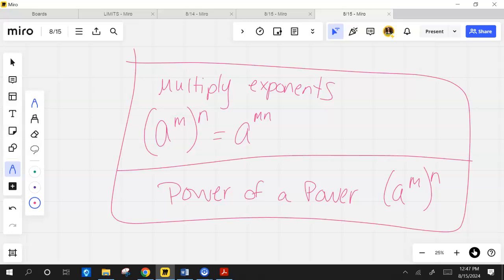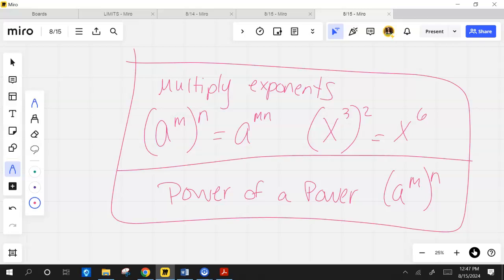What you will see more of is if I have something like x raised to the third, and then I raise that to the second, what do you think that will give me? Okay. Look what I did here. The exponent is 6. The base stays the same. The exponent becomes 6.